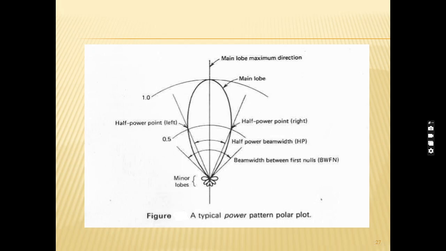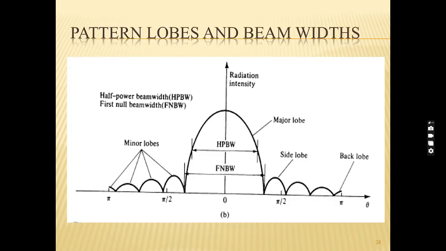The power pattern on a linear scale is at its 0.5 value of its maximum. The power pattern is minus 3 dB of its maximum, as shown in the figure. So all three patterns yield the same angular separations between the two half power points.